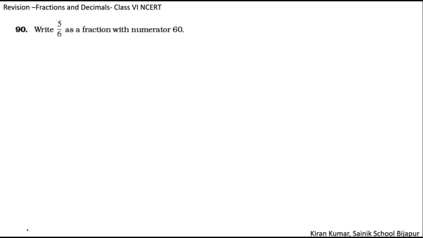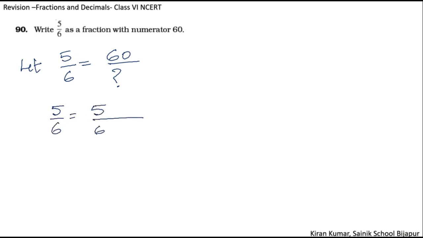Similar is the question in question number 90. 5 by 6 has to be written with the numerator as 60. So 5 by 6, let me consider this as numerator 60. So the denominator we need to guess. So 5 by 6 is multiplied with a certain number to get 60 in the numerator.